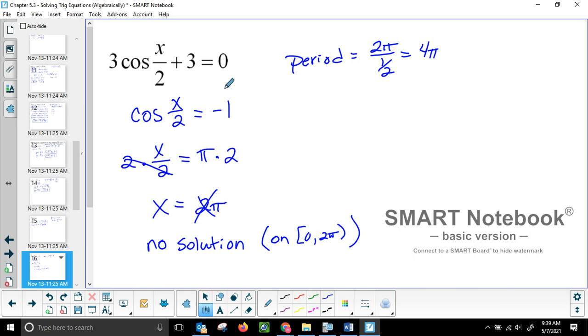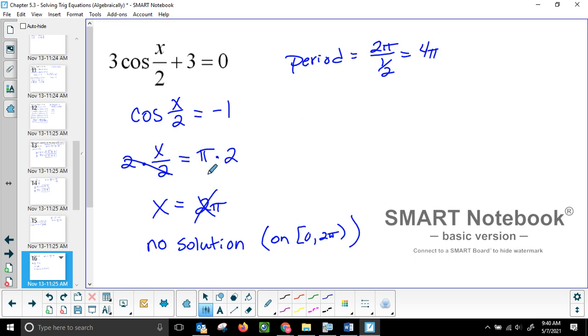For instance, what if this were 2x instead of x over 2? Now your period would be pi. So if you subtracted pi, you would get pi, and if you subtracted pi again, you would get 0. So 0 and pi would actually be solutions.